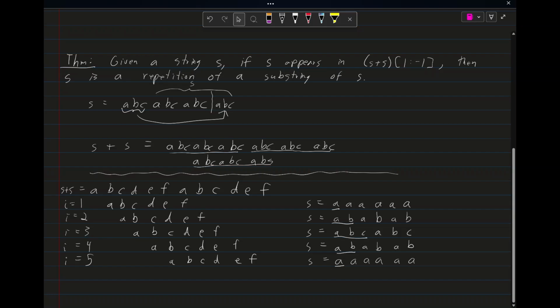And so, how many copies of ABC do we have? I'm going to write the number of copies here. We have 2 copies.